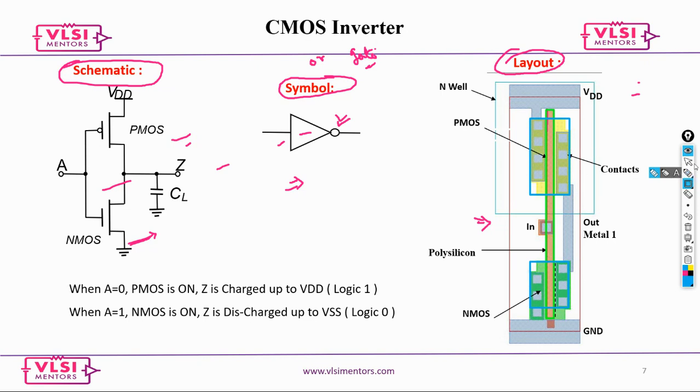These are all the shapes that get manufactured, exactly what you see here. And here, this actually behaves like a transistor.